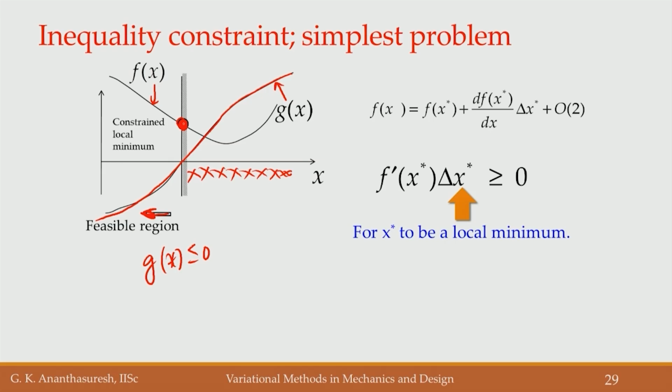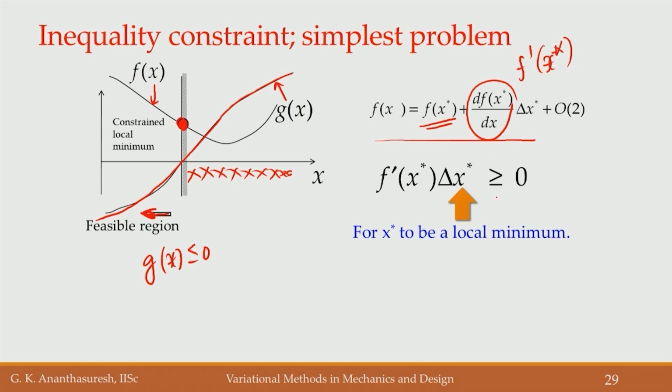Now, you consider the first order perturbation, which we have denoted as f prime here. When I say f prime evaluated at x star times delta x star should be greater than or equal to 0, only then we say f of x star is a minimum. Any other perturbation on this side should give us a quantity, up to first order, greater than or equal to 0.